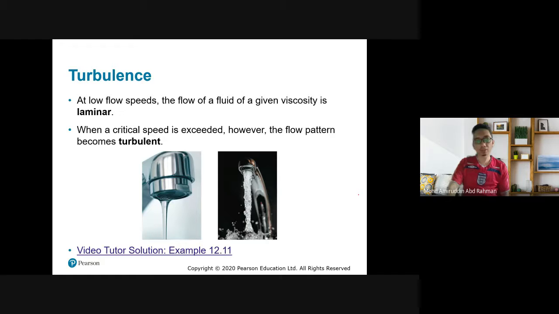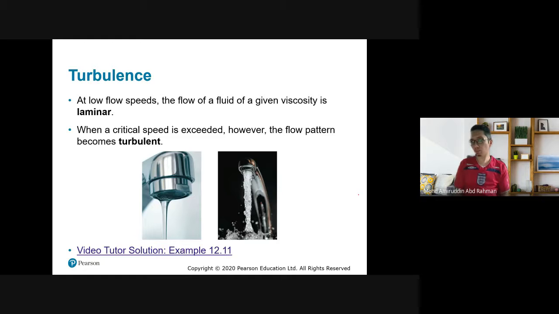We have the last one, the turbulence. The turbulence says that at low flow speed, the flow of a fluid of a given viscosity is laminar. But when the critical speed is exceeded, the flow pattern becomes turbulent.